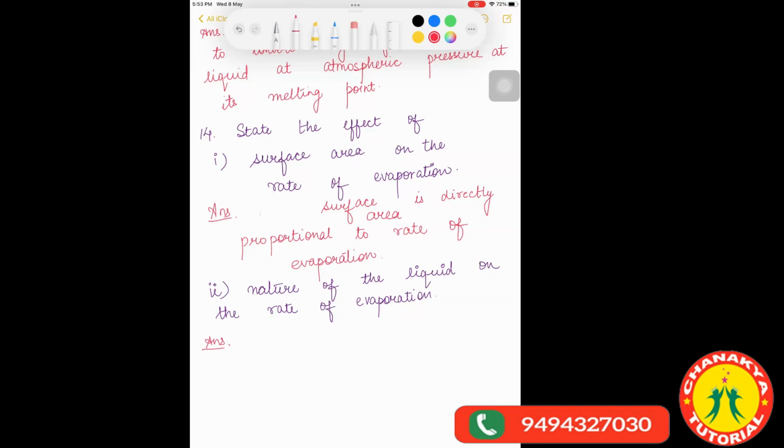When the liquid is volatile, there is a higher rate of evaporation. When it's non-volatile, then it's a lower rate of evaporation. Yes. A more volatile liquid will have a more rate of evaporation and vice versa.